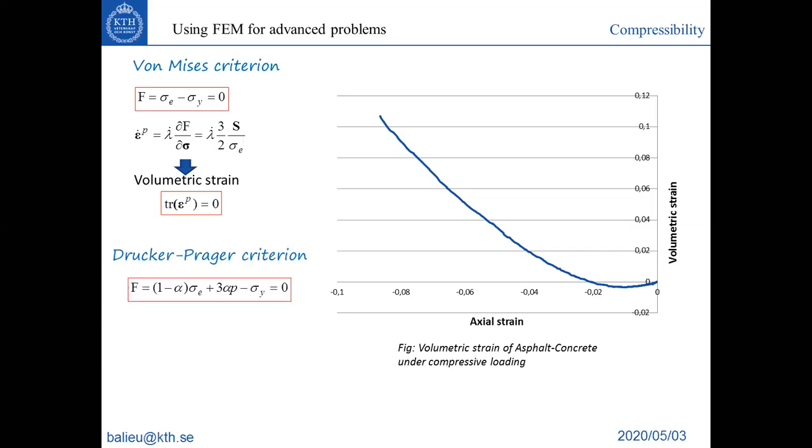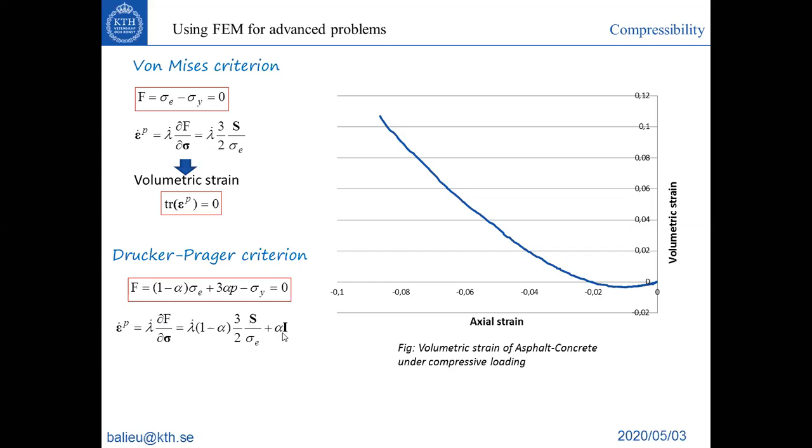Now, if you take the Drucker-Prager criterion and use the normality rule to deduce what happens after the plasticity starts, to calculate the evolution of the plastic strain, epsilon dot p, you take the same formula: the derivative of your yield surface by the stress, and you get this deformation. As you can see here, there is something which depends on the deviatoric stress, but not only. There is also something else here.